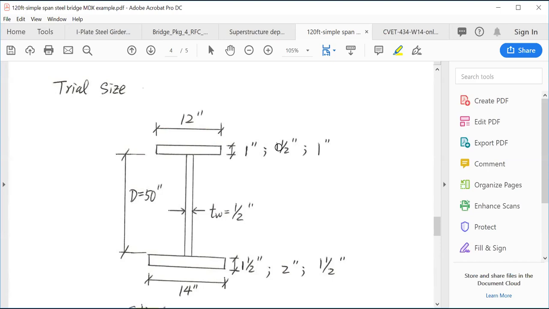And if you have the performance ratio greater than 1 in MDX software, that represents structural failure, and you have to increase the thickness or increase the width of the flange in order to make it work.